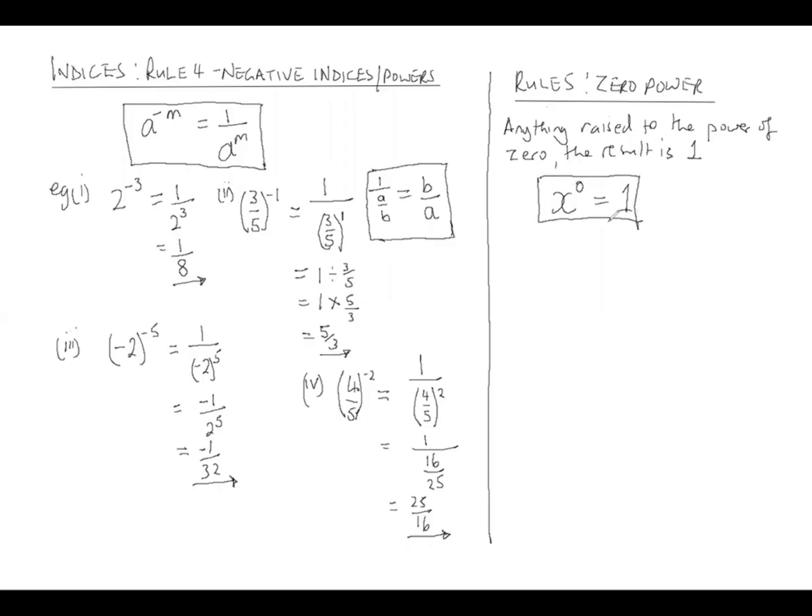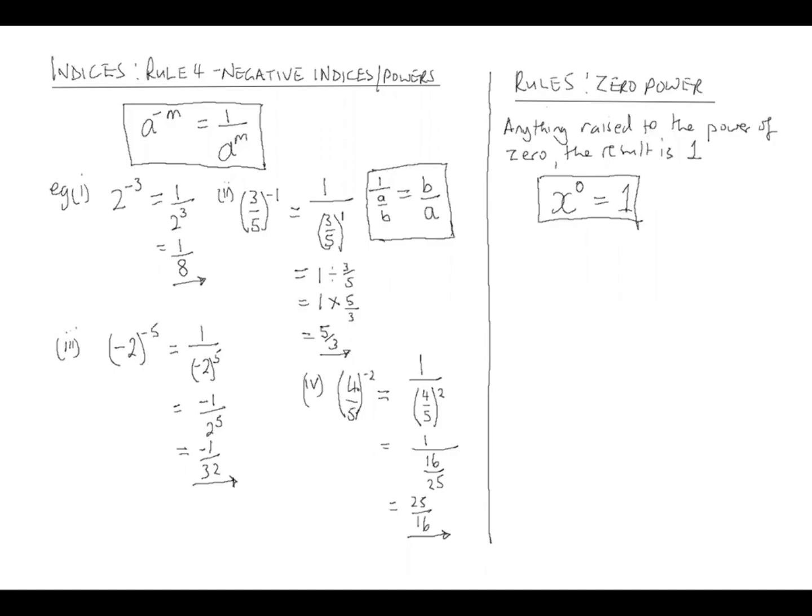So you need to watch out on this because sometimes it comes hidden in a complicated sum. You always need to remember that whenever you see a 0 as a power on any number, the result is 1. Just going to look at a couple of examples.